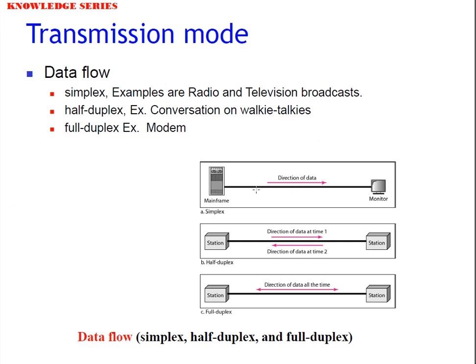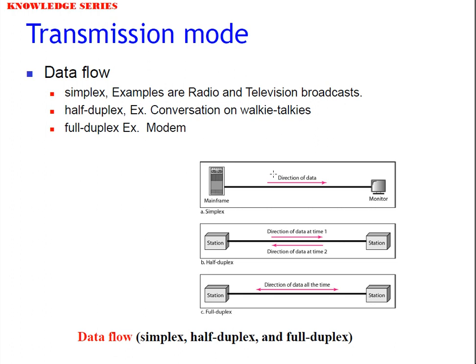That means information flows in one direction across the circuit, and there will not be any response from the other circuit to the sender circuit. The receiver circuit will not be able to send any response. This type of communication you can see in the case of radio and television.